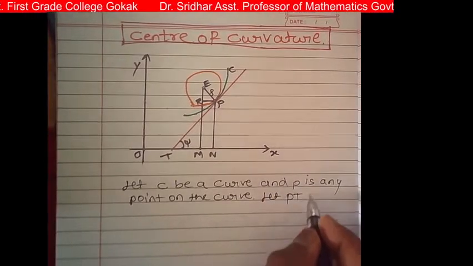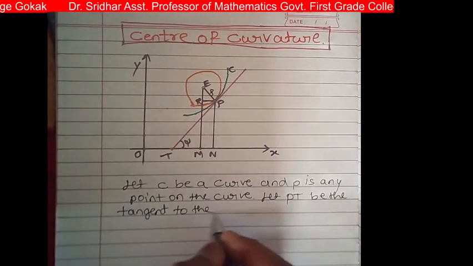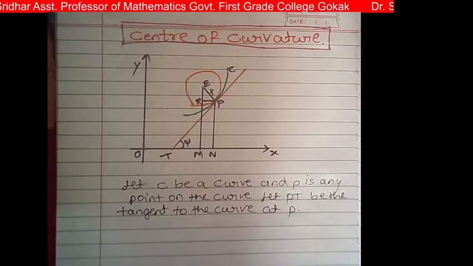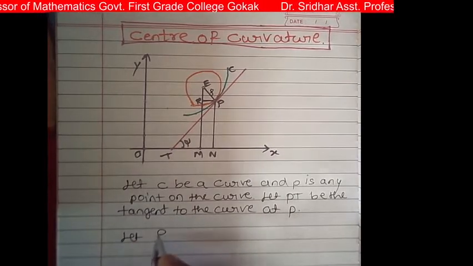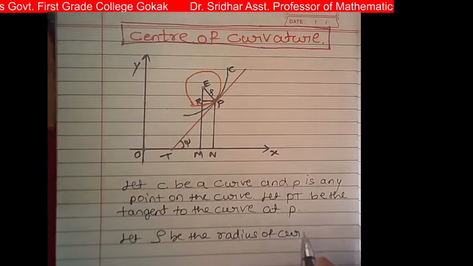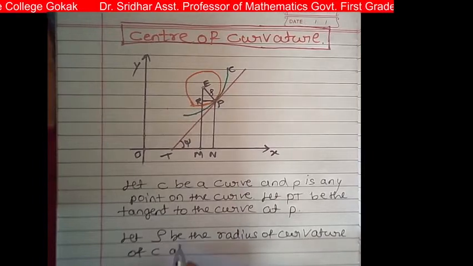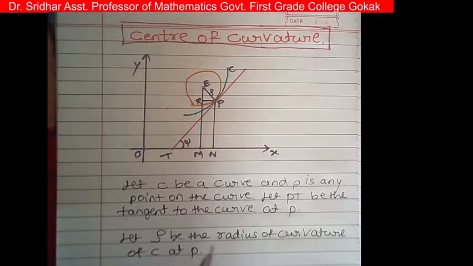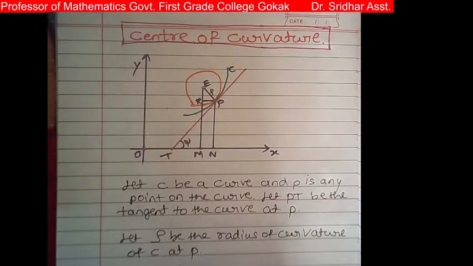Let PT be the tangent to the curve at P. Now let rho be the radius of curvature of C at P. When there is a curve, it has some radius of curvature. So let rho be the radius of curvature of C at the point P.